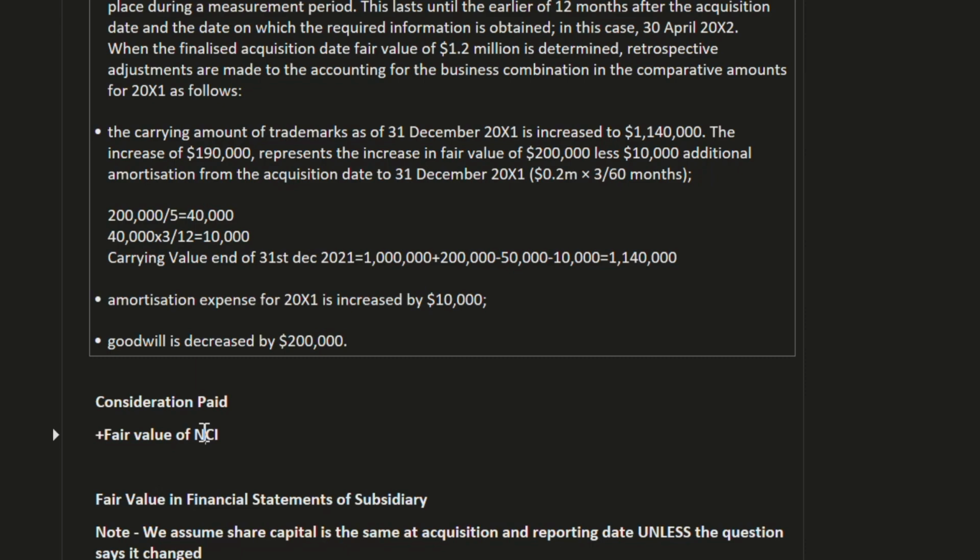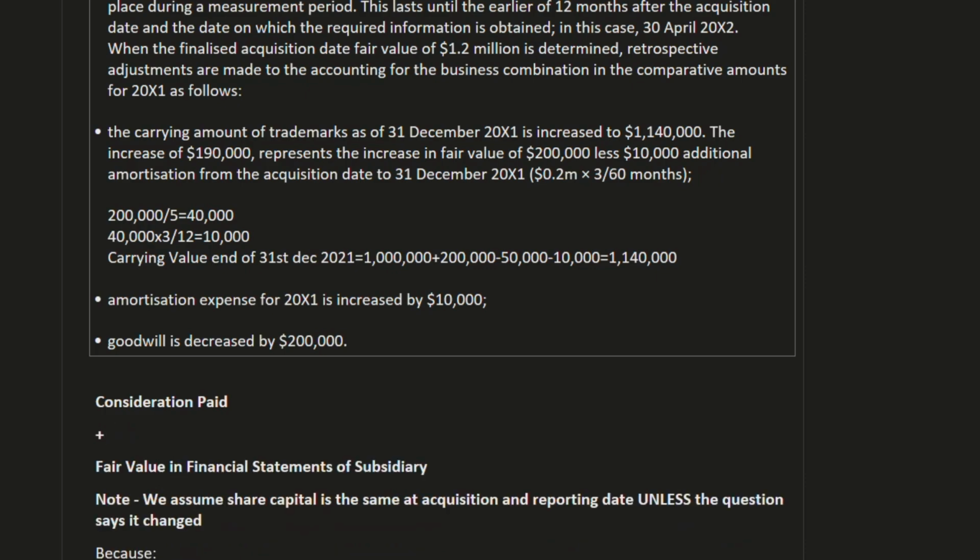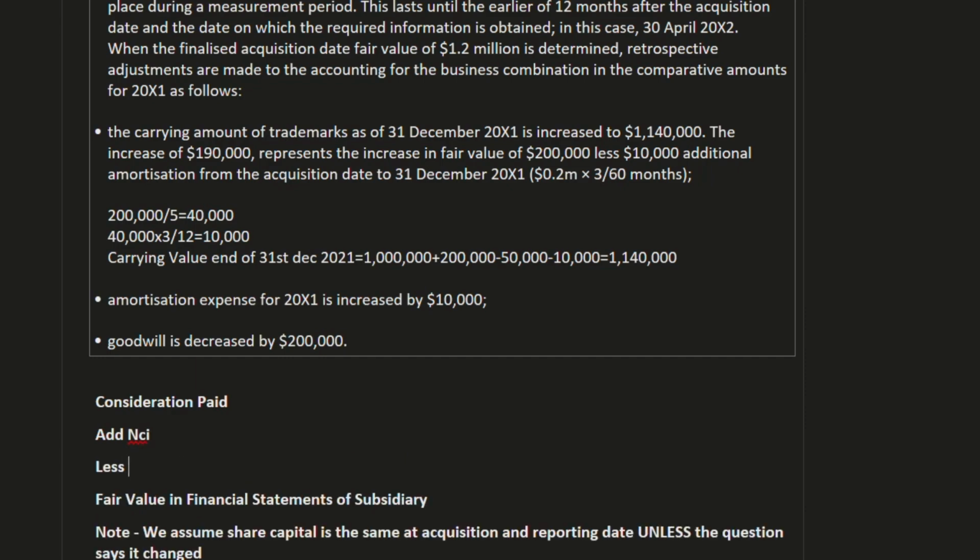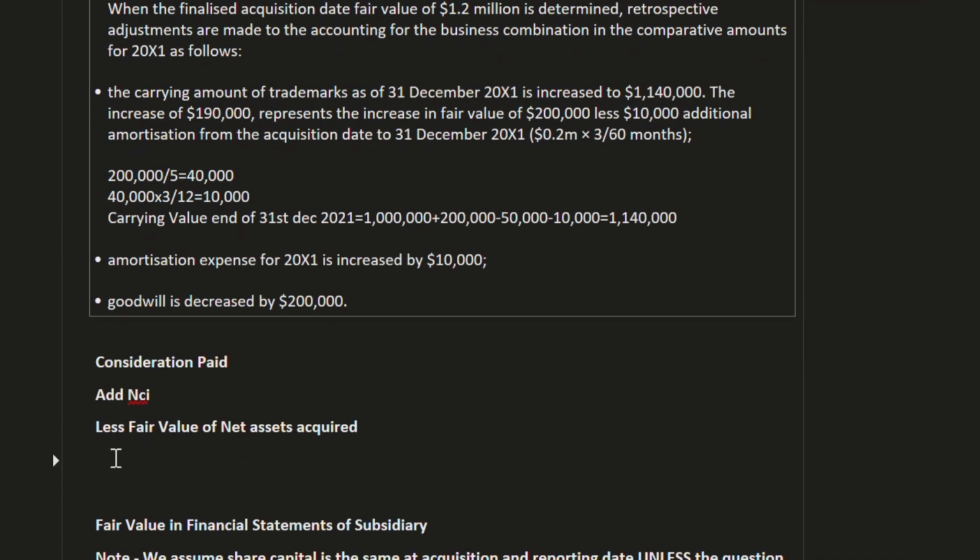Okay, let's just add the NCI, it will be confusing otherwise. Consideration paid plus NCI, less fair value of net assets acquired, equals goodwill.